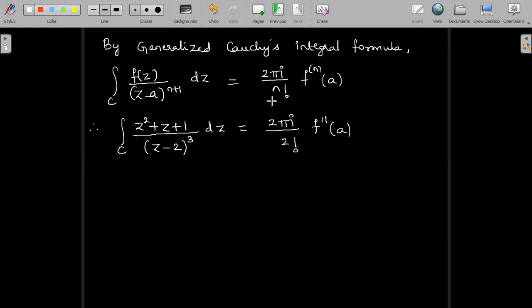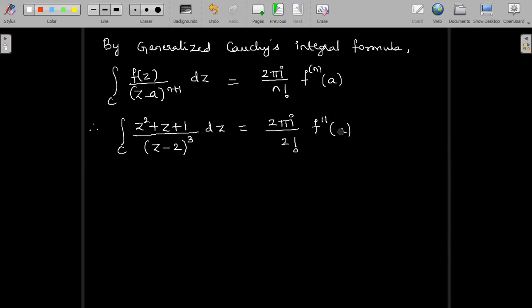Remember, f^(n) of a denotes the nth derivative of the function f at the point a. Because n is equal to 2, we write double dash here.